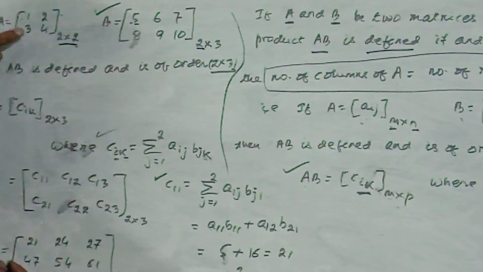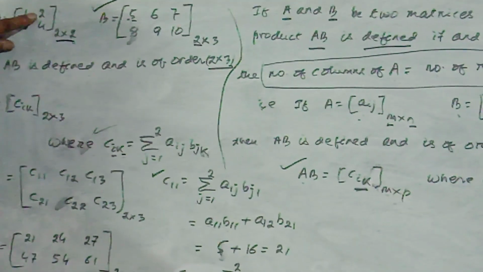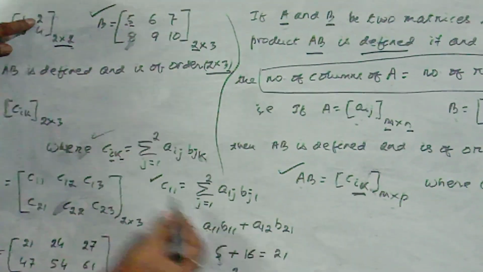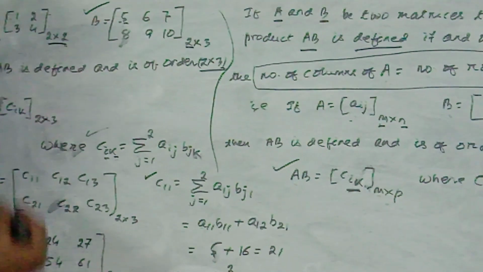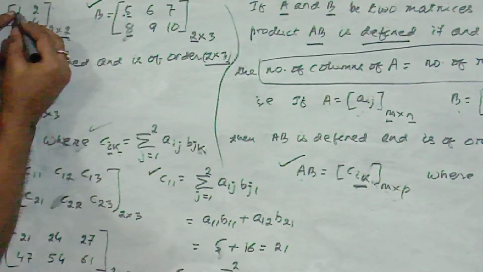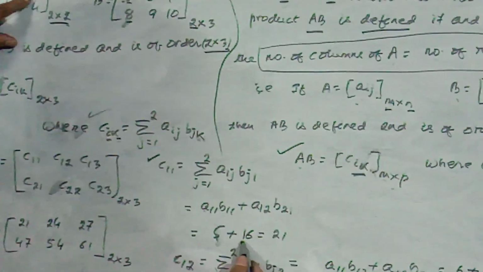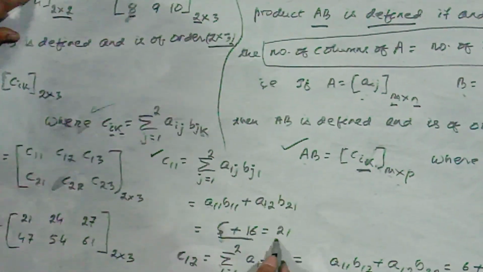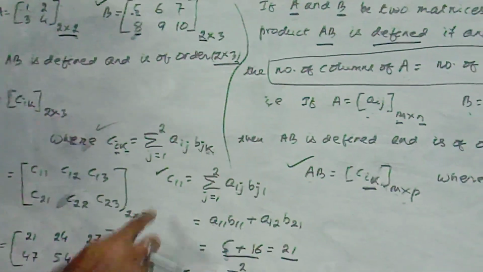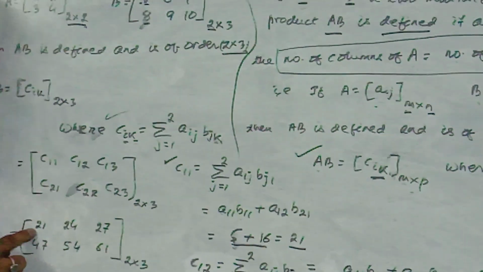A12 is 2, and B21 is 8. So it is 1 into 5 plus 2 into 8, that is 16. So it is 5 plus 16, which is equal to 21. That is the value of C11. So the C11 value is 21.